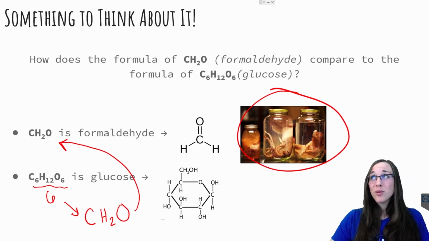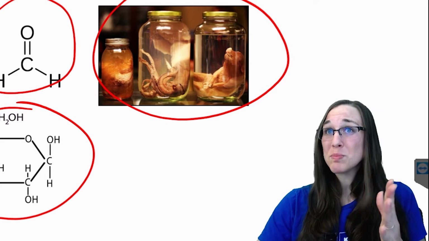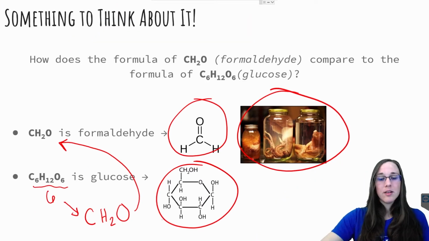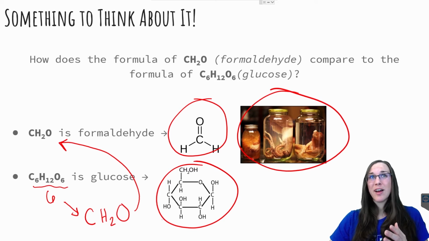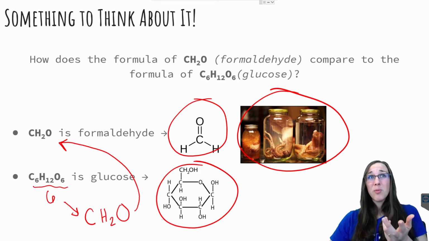So glucose and formaldehyde, in terms of the chemical structures, what they look like, are entirely different. Completely 100% different. And used for completely different things as well. So the real life application here is that formaldehyde is literally the empirical formula of glucose. But if we were interested in glucose as a molecule and all we had was the empirical formula, formaldehyde, that's not the same thing as glucose.